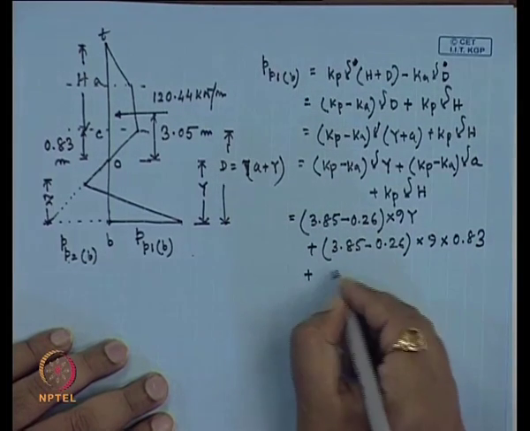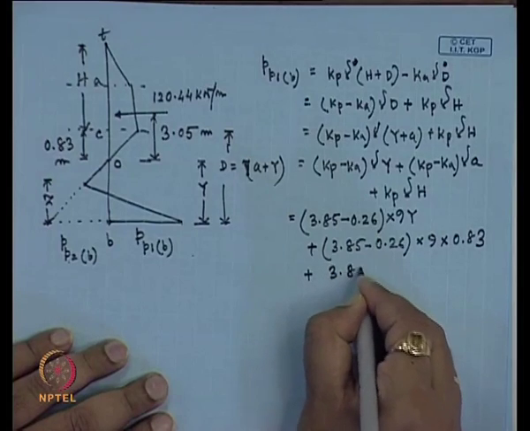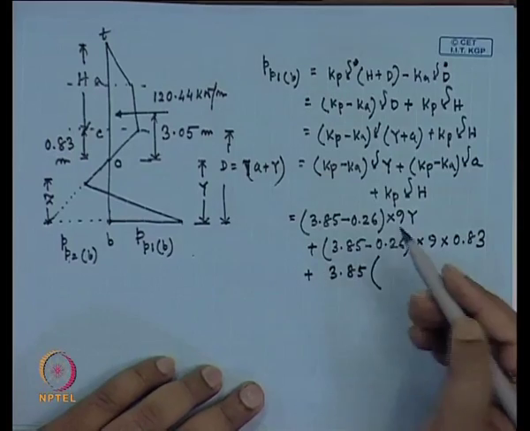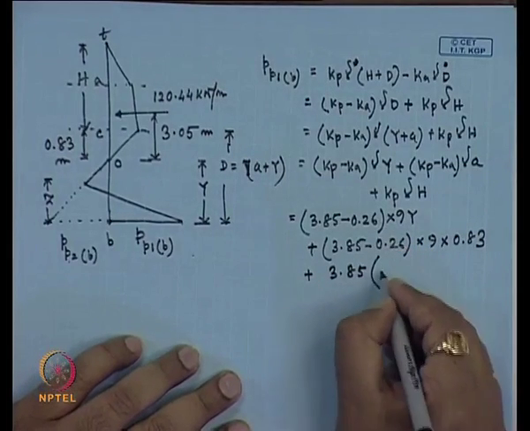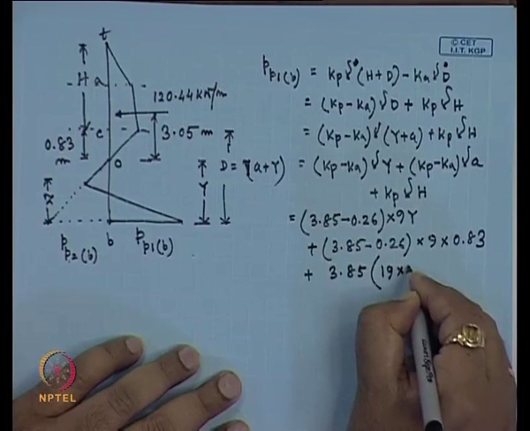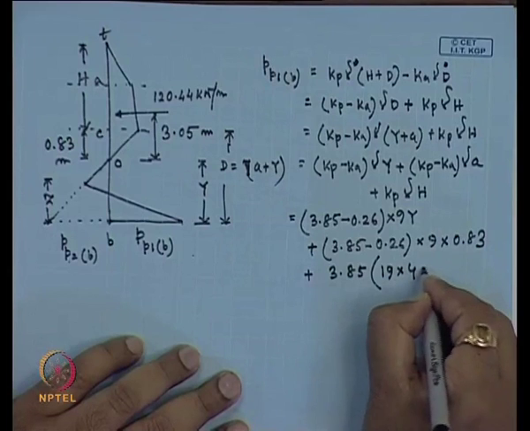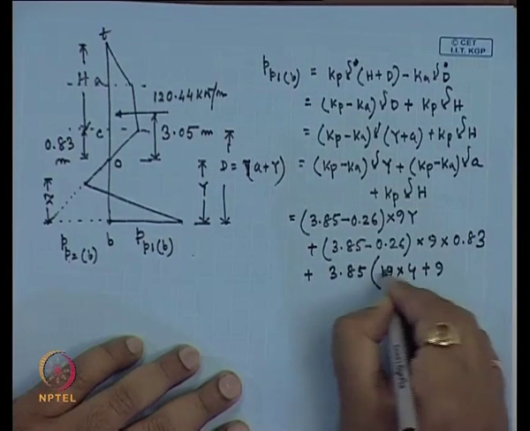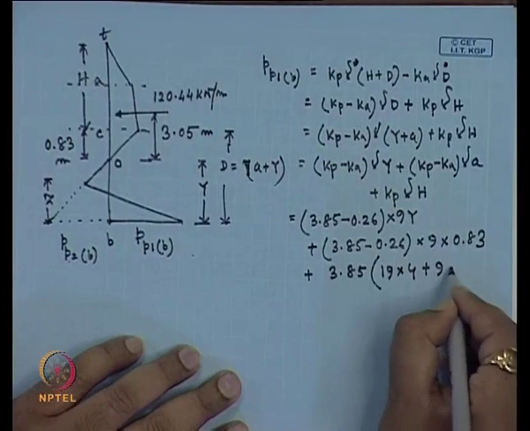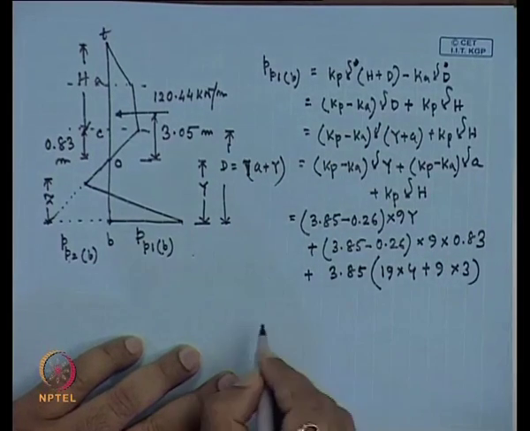The third part has K P as 3.85, and here gamma into H will change: 9 into 4 meter, plus 19 into 4 meter, then 9 into 3 meter.